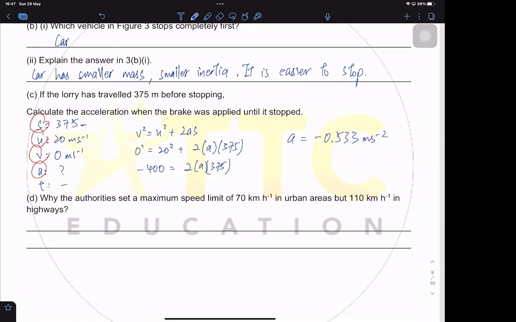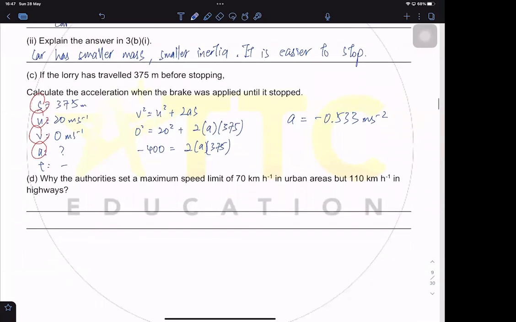Because inside the city area, this is just common sense. There are many things that you need to stop for. You have people at zebra crossings. You can have a traffic light, you need to stop. So if you go very fast, it's very hard to stop. In the highway, you don't need to stop, so you can just go fast. So that's how we will say it.